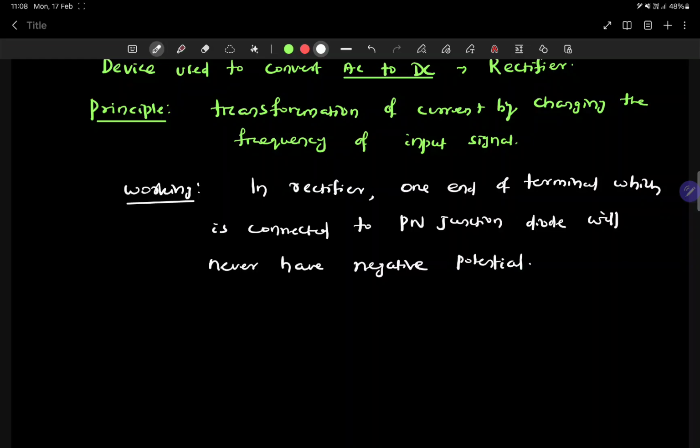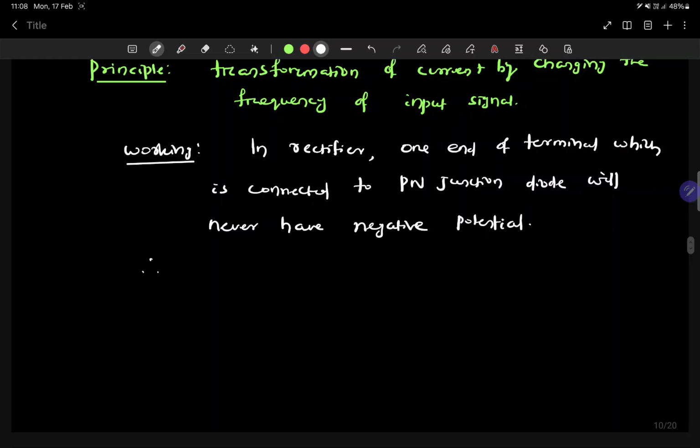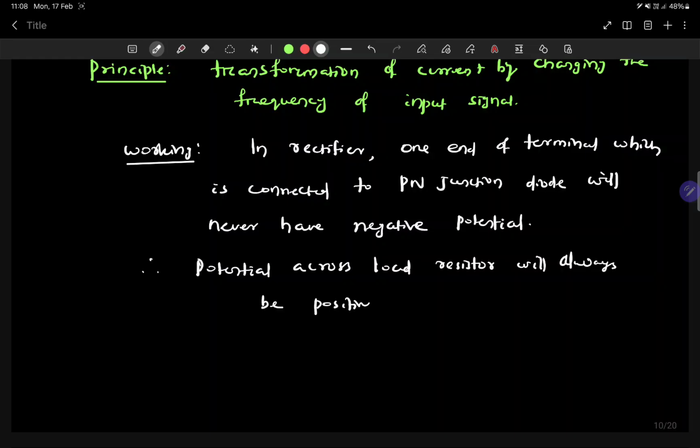That means the potential across the load resistor will always be positive or 0. Always you remember that the potential across the load resistor will always be positive or 0.